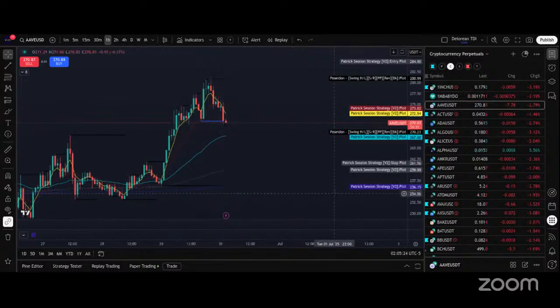Conversely, if the blue is on the top, the gray is in the middle, and the aqua is on the bottom, you're looking at a downtrend. So putting it all together to quickly analyze what we're seeing on AAVE USD on the 1 hour, the sellers are in control of the market, but we're in an uptrend currently.